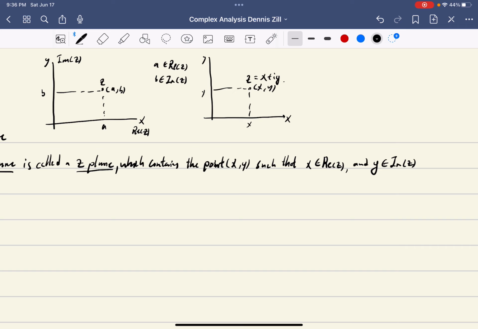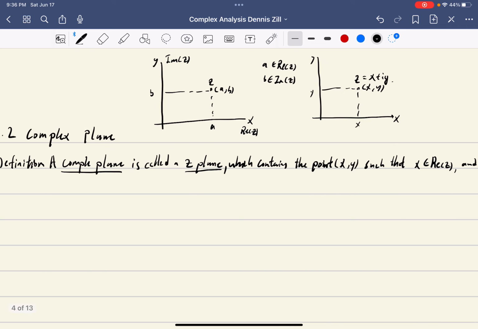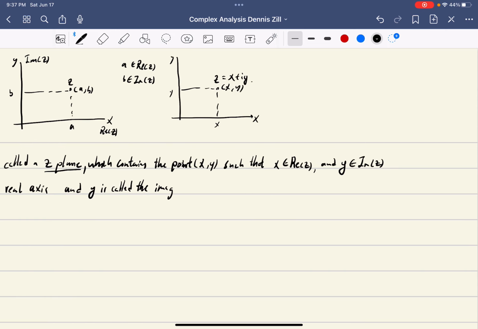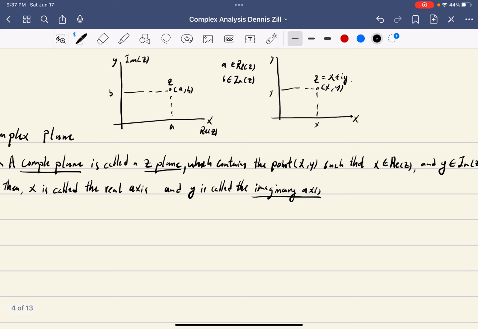So now we have our definition, and then we say x is called the real axis, and y is called the imaginary axis, right.